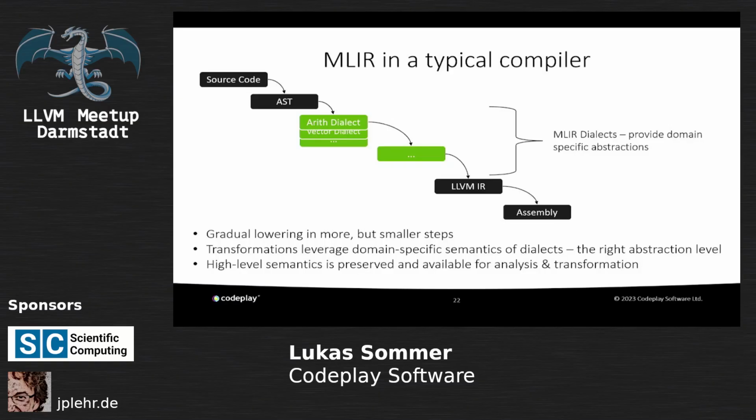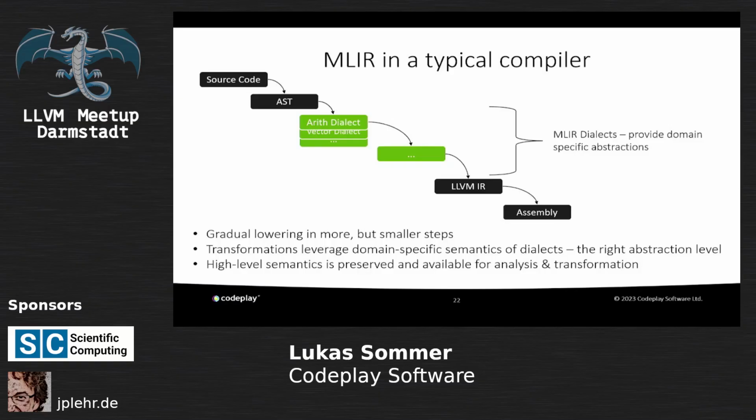And by combining multiple dialects and going from one dialect to the other in small steps, we can achieve this gradual lowering in smaller steps, and every transformation can work at the right abstraction level. So if I'm interested to transform some loops, I can live here where I have a loop dialect or a control flow dialect and can use that information to transform my loops, for example.